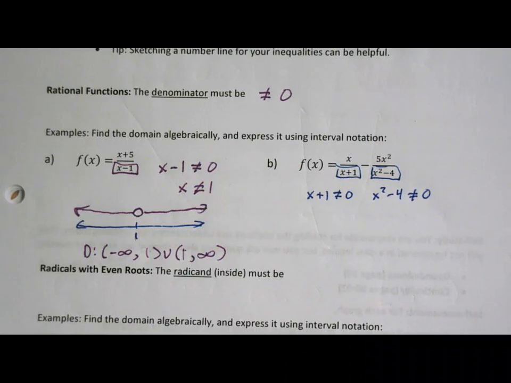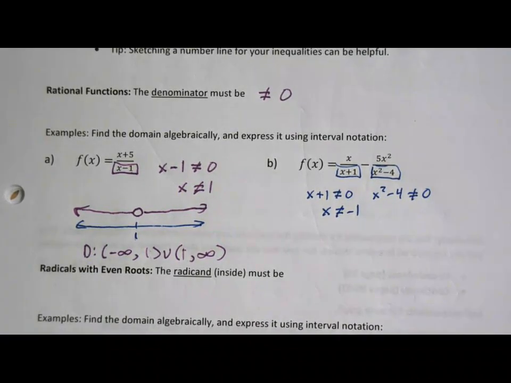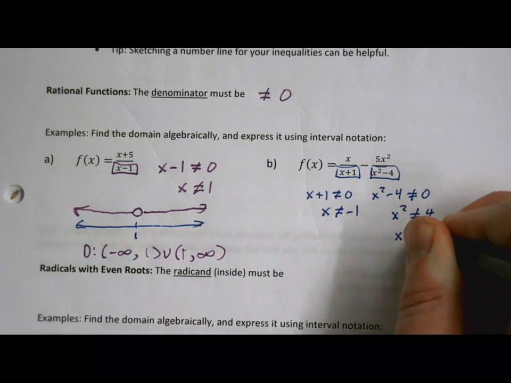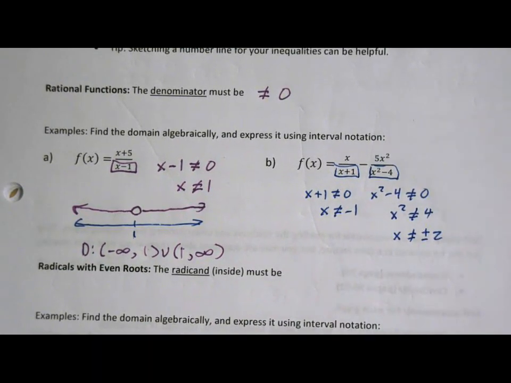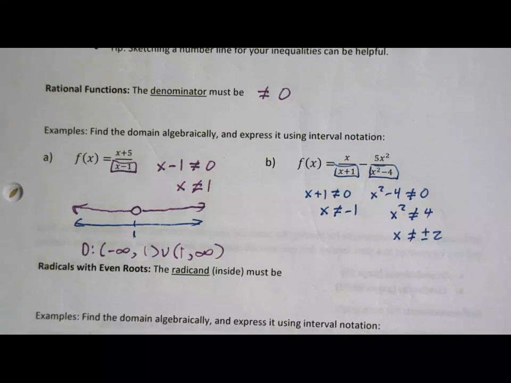We'll solve these 2 inequalities, and that will give us the restrictions for our domain. So I'm coming up with x cannot be -1, and it can't be 2, and it can't be -2.